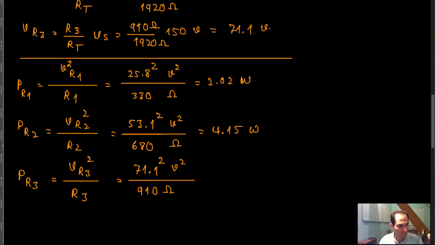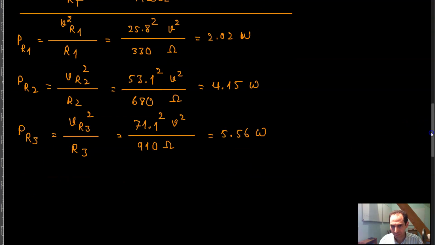And 71.1 squared divided by 910, you have 5.56 watts, right? That is the power dissipation across R1, R2 and R3, right?